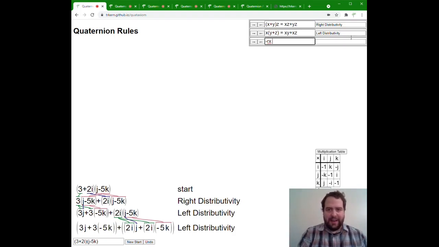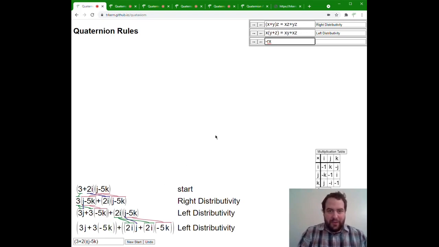that allows us to write this. So this here is actually minus 5k, right? It's negative 5k as opposed to negative 5 times k, which we would really like the system to think about as negative 5 times k so that we can associate that negative 5 out and multiply it by the 3.